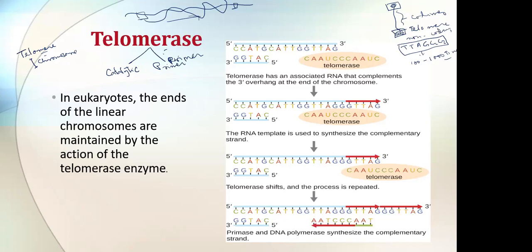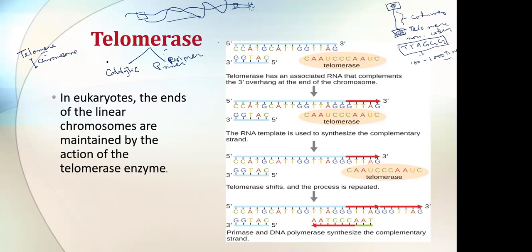When it reaches here, there is no space to read this much portion. So it stops here because the DNA polymerase cannot fit within this period. Ultimately, once this DNA replicates, it is going to lose this portion of the chromosome. So every time DNA replicates, we are going to lose a little bit of that telomere part, the end part of the chromosome.